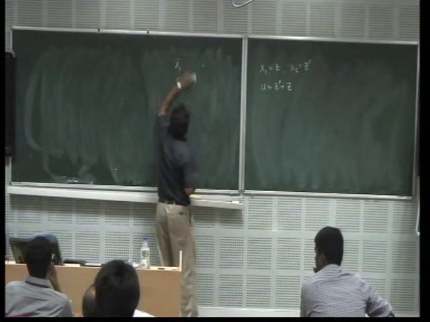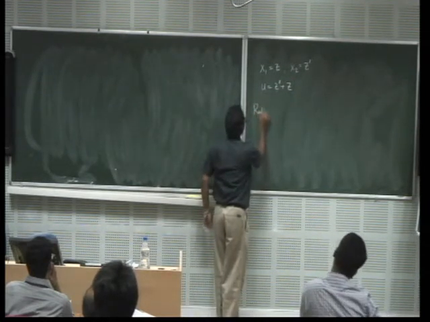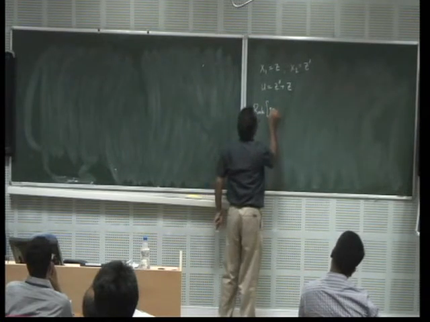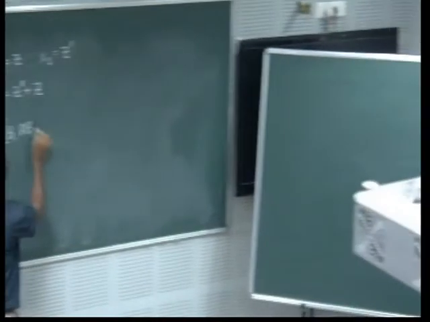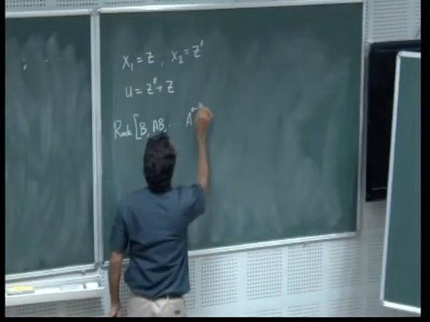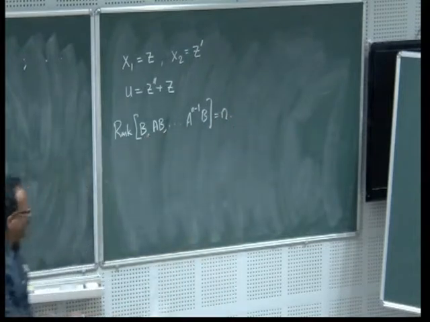Kalman's condition, from the 1960s, is that the rank of this matrix, for constant matrices A, B, should be n.